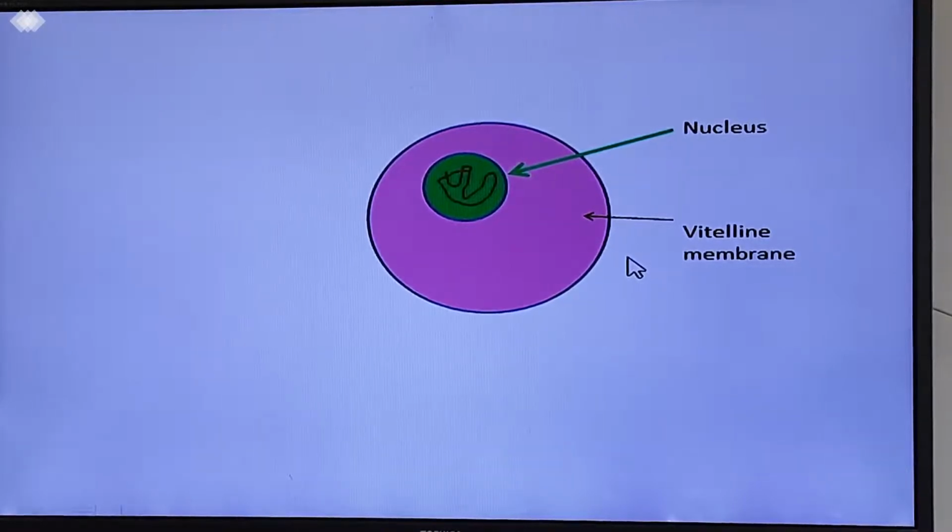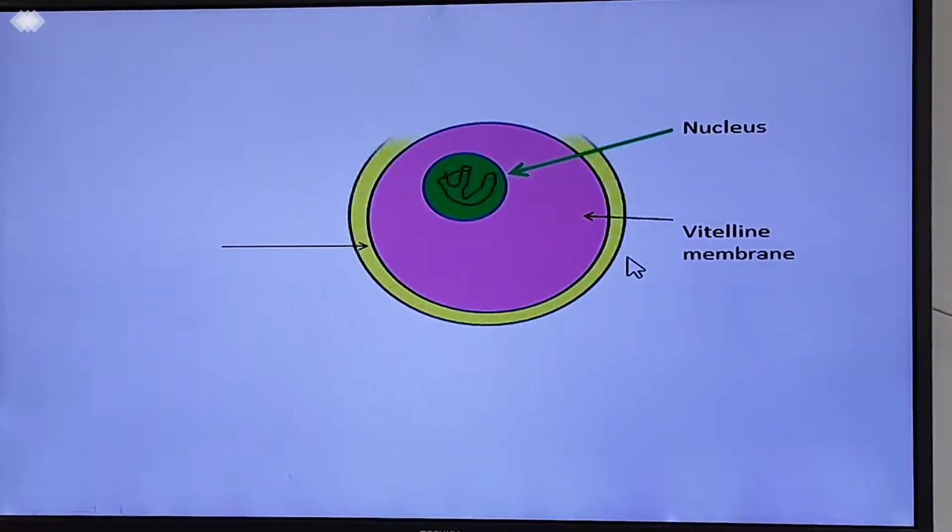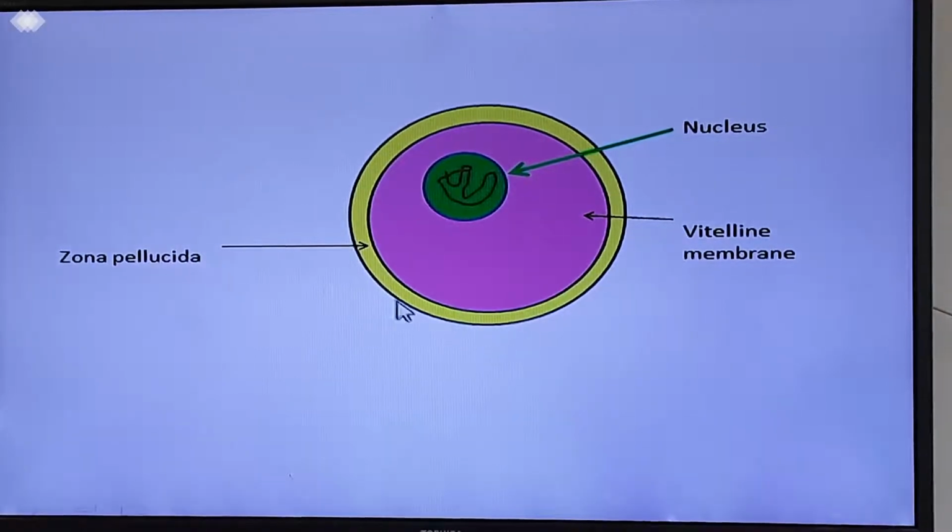This ovum is covered by two layers or two coats. The inner coat is known as zona pellucida. It is thin, transparent and non-cellular. There are no cells. It is a non-cellular layer known as zona pellucida.